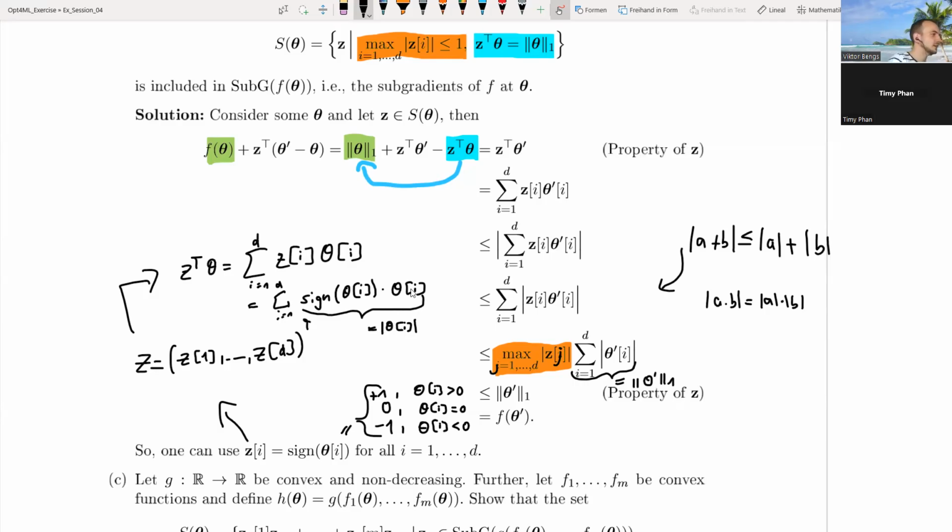If theta i is negative, then the sign here is negative, so we flip the negativity to positivity, and this is exactly what the absolute value will do if we apply it on theta i. So you see, indeed, the sign of a real valued number times the real valued number itself is simply the absolute value of the real valued number, and well, this is the L1 norm. So you see the blue property is also fulfilled.